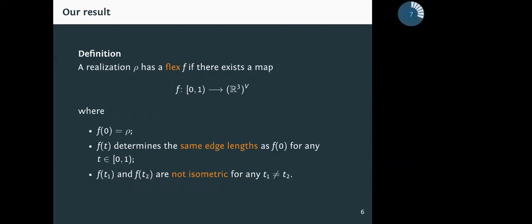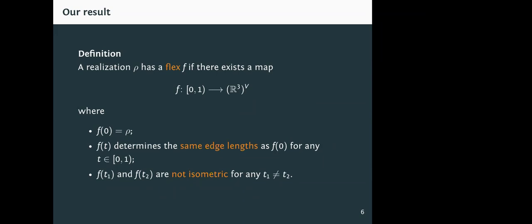And then, since all the previous results were about flexible objects, I state the notion of a flex that we will be using. If we have a realization rho of our fixed once and for all graph, which is a one skeleton, we say that a given realization has a flex f if there is a map from 0, 1 to the space of realizations.